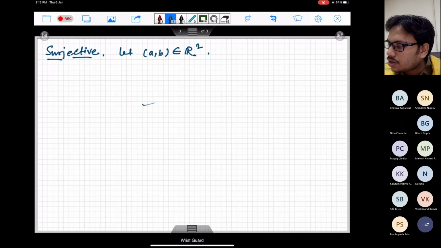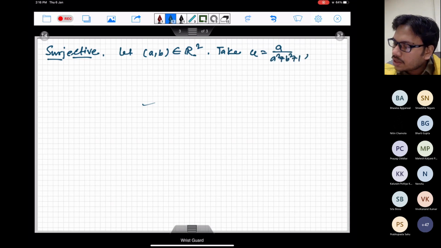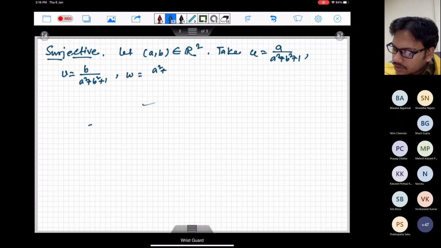Here I am just going to give you the coordinates explicitly, and I will ask you to check it yourself. Take u equal to, for example, a divided by a squared plus b squared plus 1. Similarly, v you can take b divided by a squared plus b squared plus 1, and w to be a squared plus b squared divided by a squared plus b squared plus 1.